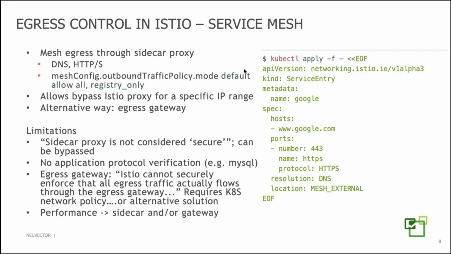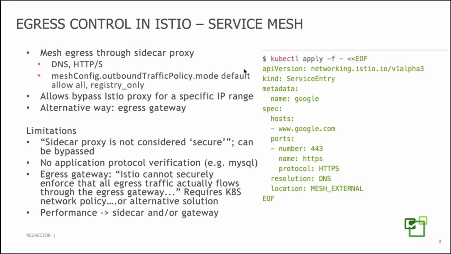You can also bypass the Istio proxy for specific IP ranges. So if you want to go to an IP address directly and not even go out through the proxy, you can egress that way.